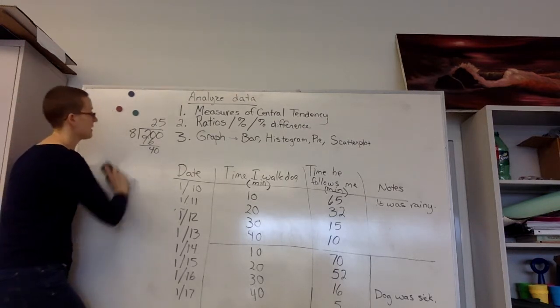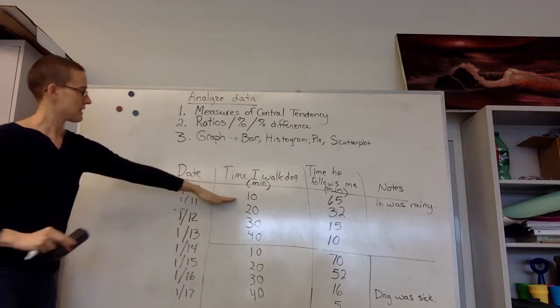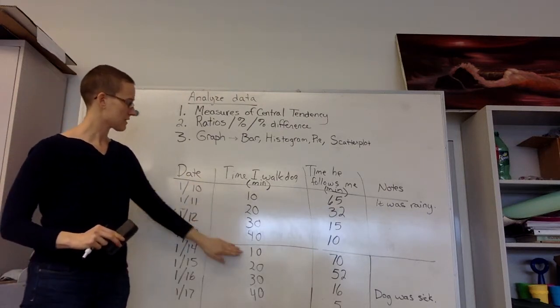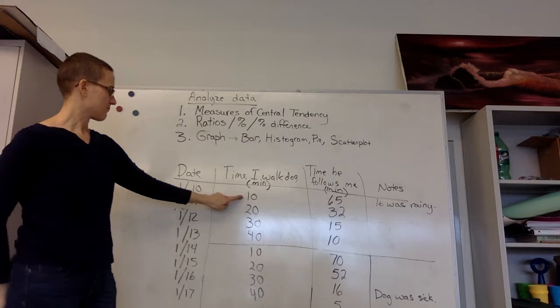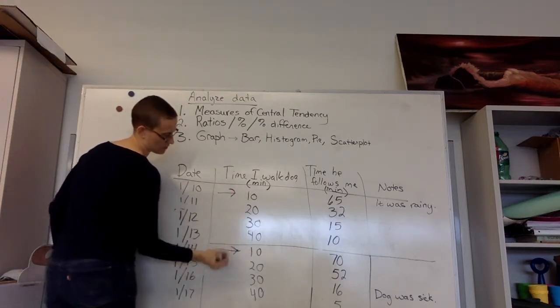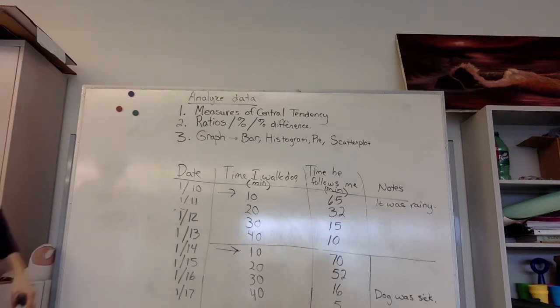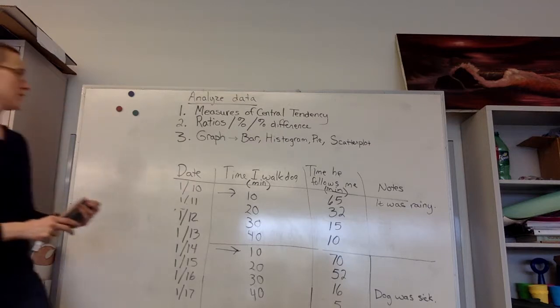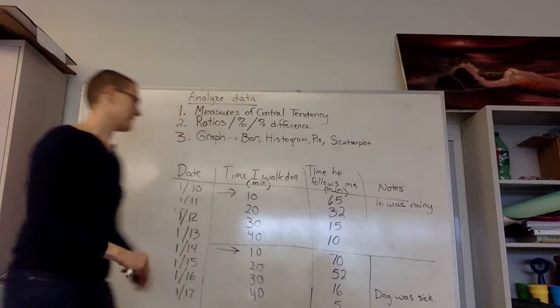The other thing that would be helpful to do is combine my data for similar times walked. So I have 10 and 10 here and here. I walked my dog for 10 minutes both days. So what's the average time that he followed me around when I did that?